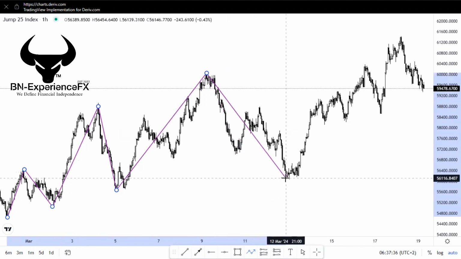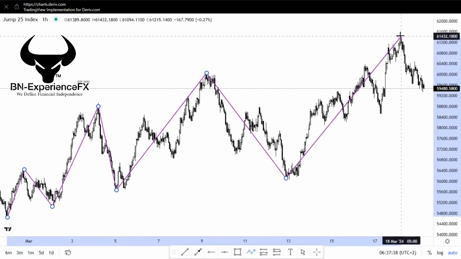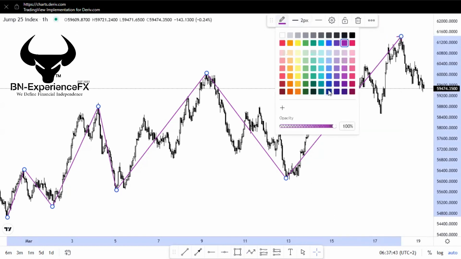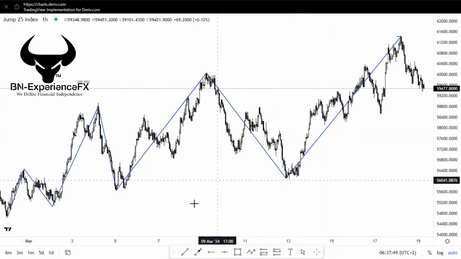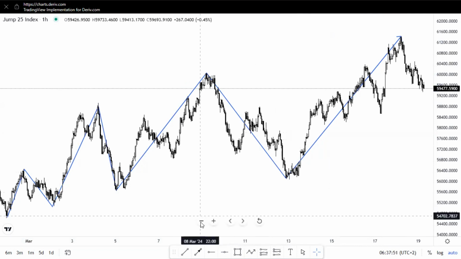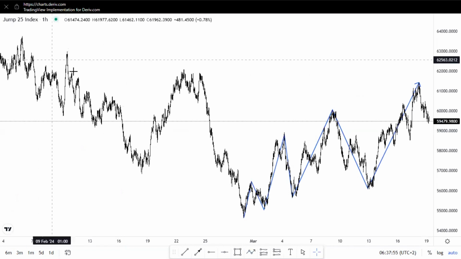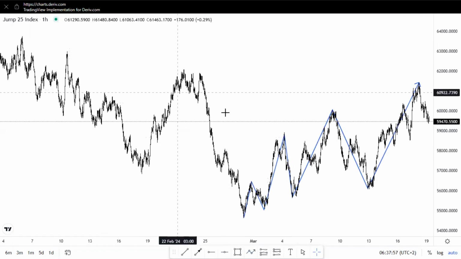Yes, this is what we have. Like I said, I'm gonna be a bit quick with this one, so bear with me. The color doesn't really matter. Let me just 1, 2, 3, 4. Overall, this is a bearish trend from the looks of things.